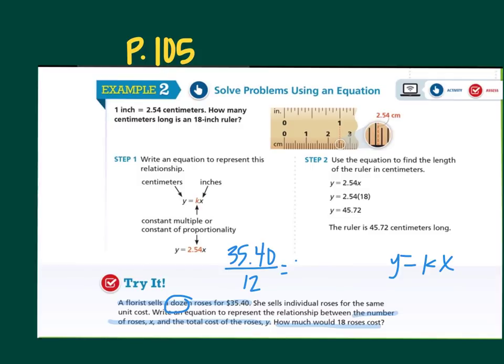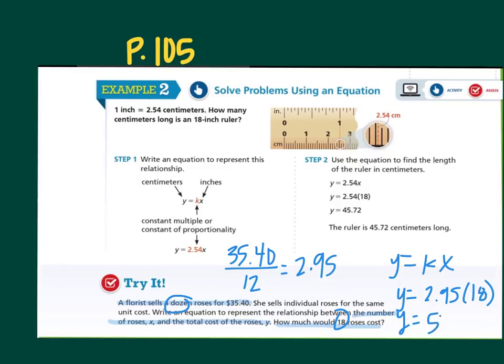So that gives you 2.95. So we're going to say y is equal to 2.95. We're going to plug in, because x represents the number of roses, we'll plug in 18 for x and see what that gives us. Remember, parentheses are another way to show multiplication.